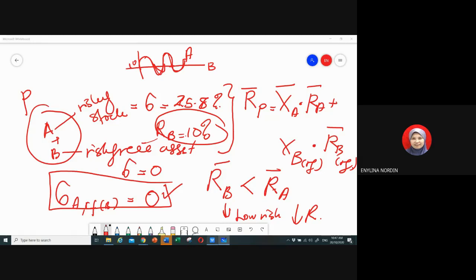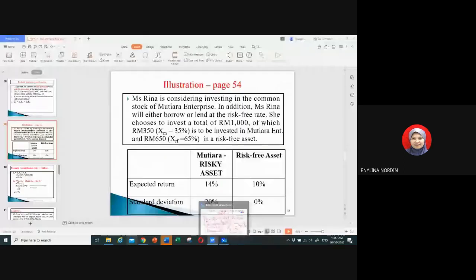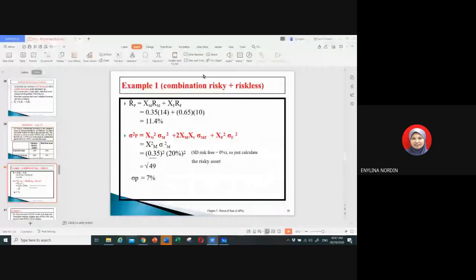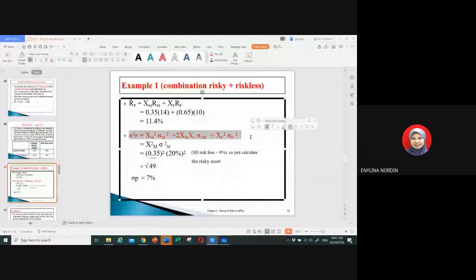Okay? Right. So that's why when you look at this formula, this is the formula untuk standard deviation and the variance of the portfolio. Tengok dekat sini, masukkan. Ini dah bagi tadi saya dah tunjuk. So you masukkan Mutiara standard deviation berapa and so on. Dan you notice that standard deviation of the risk-free asset adalah kosong.